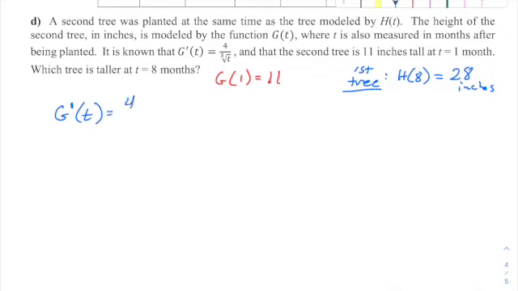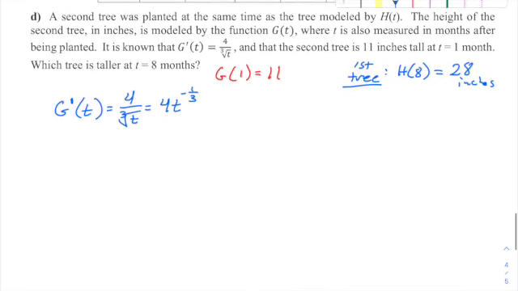We have this equation of 4 over the cube root of t, and that is 4t to the negative 1/3. I'm getting ready to integrate because I want to create g's function so that I can figure out what g's value is at 8. And so here we go. If g prime is that, then g of t is going to be the integral of 4t to the negative 1/3 dt.